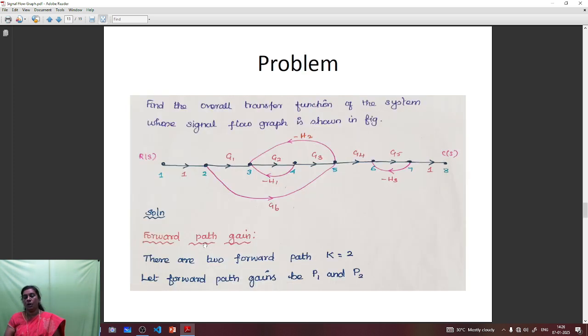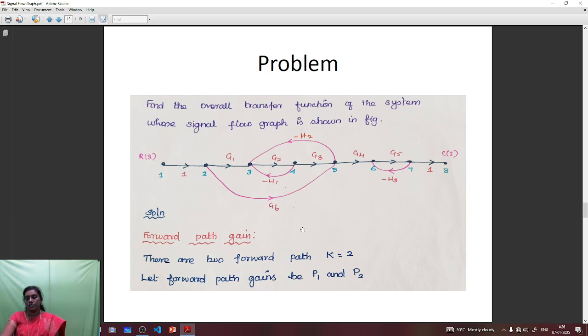Let us see how we can find the transfer function of a system by using Mason's gain formula. I have given an example here. See, this represents a flow graph of a system. So we will see how we can find the transfer function of this system by using Mason's gain formula.